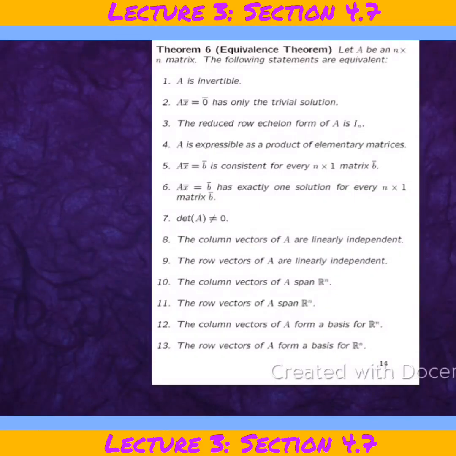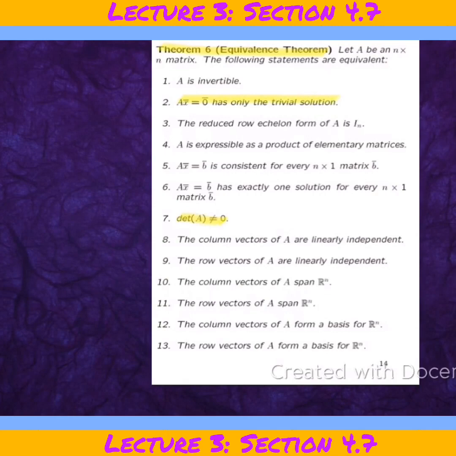Alright, so just take note that we can extend the equivalence theorem to properties 7, 8, 9, 10, 11, 12, and 13. Remember, the determinant of a matrix A determines whether it's invertible or not. If its determinant is not 0, it means it's invertible, and therefore we know this has only the trivial solution.